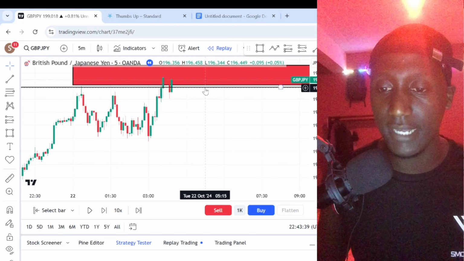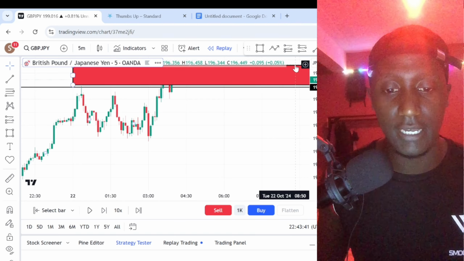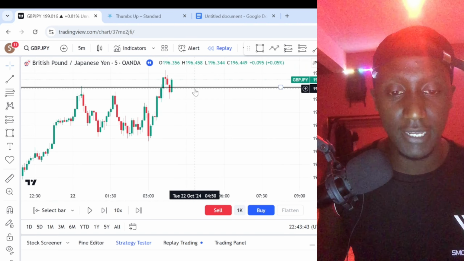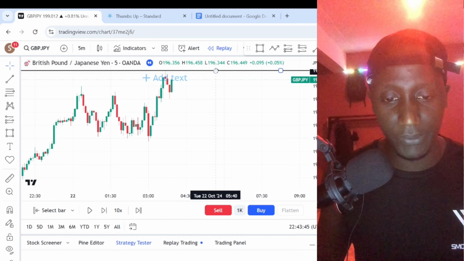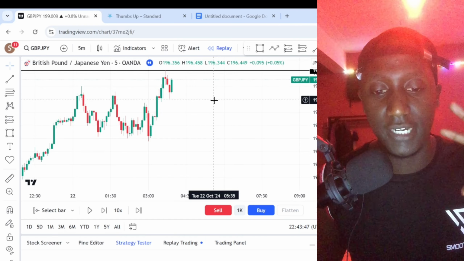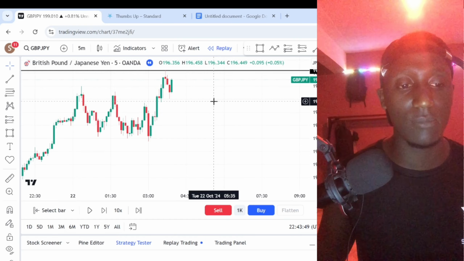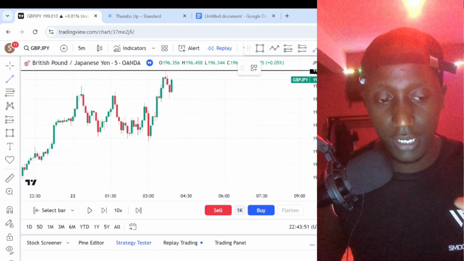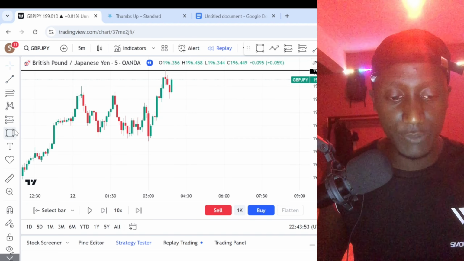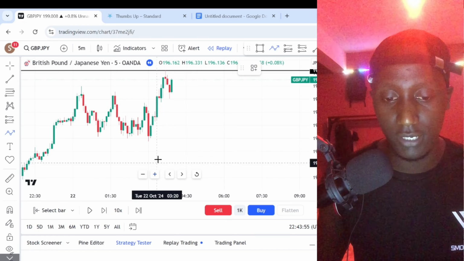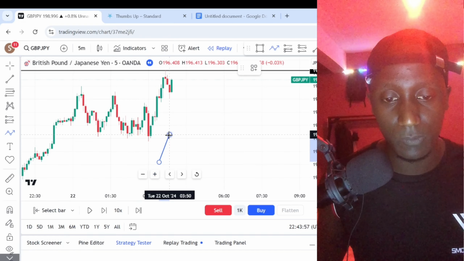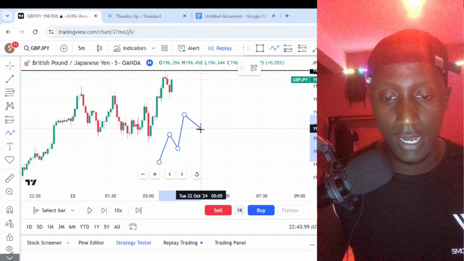All right. So we see price has cleared liquidity at the high. So what's the next step? The next step is to identify the most recent level. And a level, so think about this. Price will always be moving. If it's an uptrend, it will create a high, a low, a high, a low, a high.